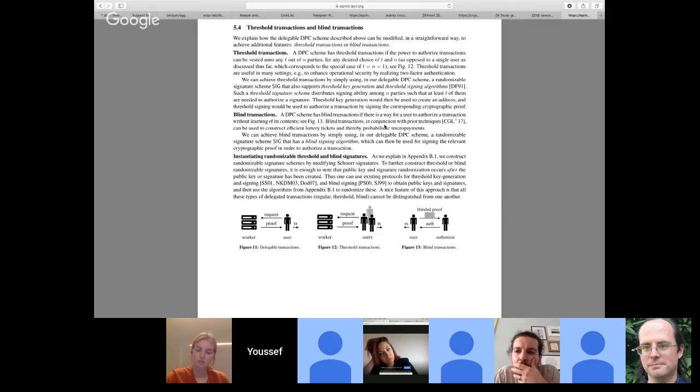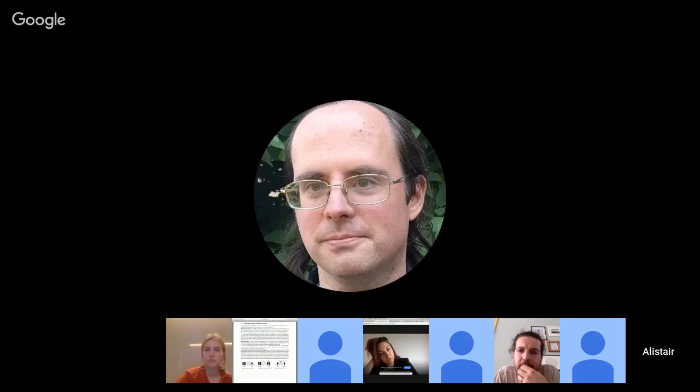And the signature cannot be forged by the worker because he doesn't have the secret key of this key pair, called PSIG and the underlying secret key, the public key signature and the secret key. He doesn't have this SK sig, right?